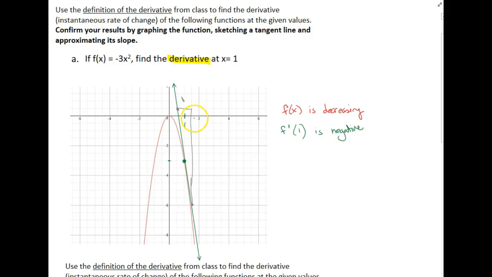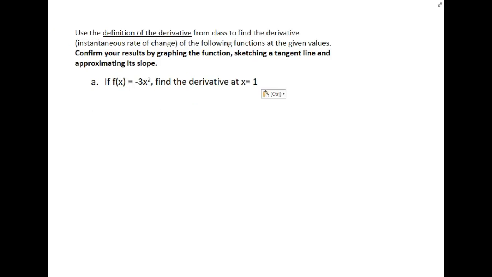And then a drop of about 6.5. So that would be rise over run, so negative 6.5 over 1. So this is what I think the derivative is, about negative 6.5.